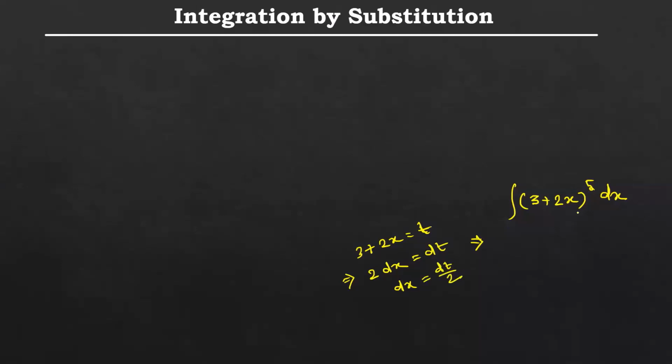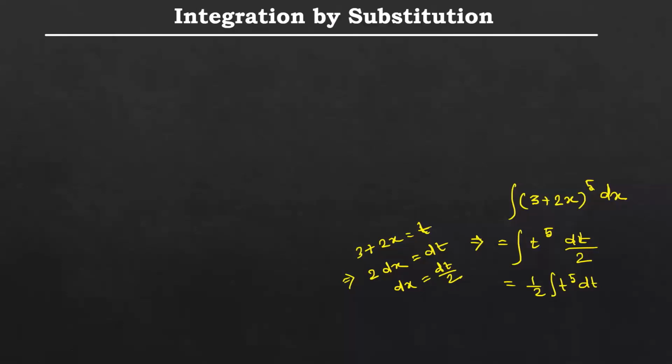So now your integration will convert into integration over t to the power 5, and here in the place of dx, you have dt by 2. So that means you have 1 by 2 integration over t to the power 5 into dt. And I think it is one of the forms we discussed previously, and this is easier to integrate. So that's called the integration by substitution method.